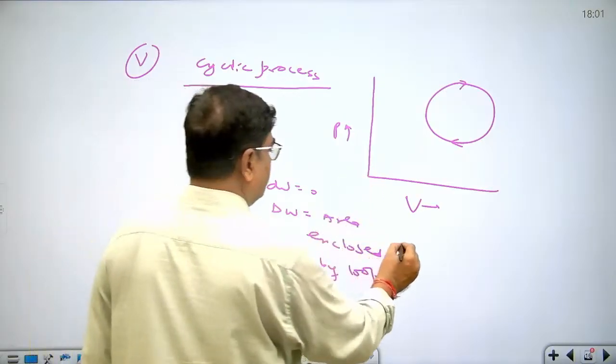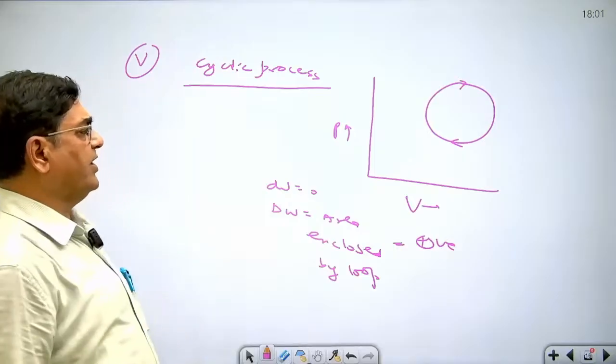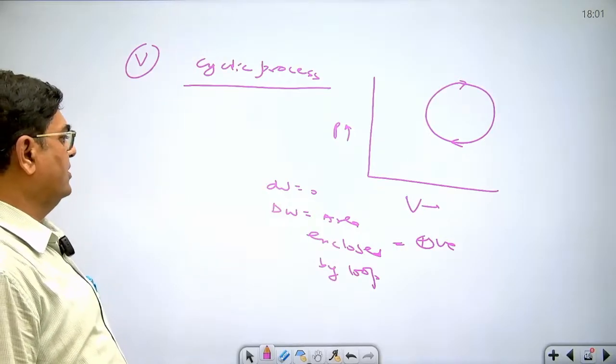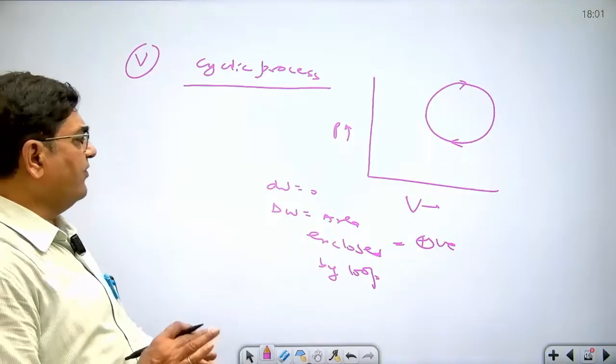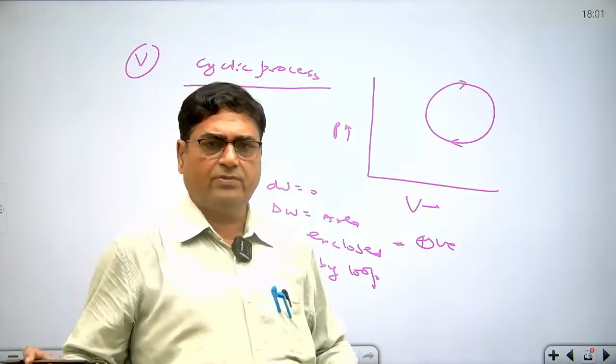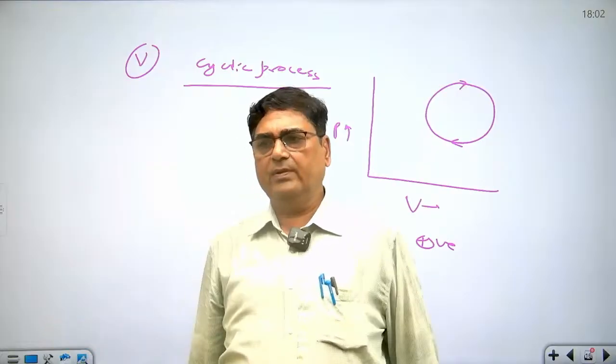In this case, it is positive because volume is increasing. You will see from the top. If volume increases, you will take this to be positive. So what is here? Delta Q will be equal to delta W. And in case of free expansion, everything will be 0. dU will be equal to 0, delta W will be equal to 0, delta Q will be equal to 0.